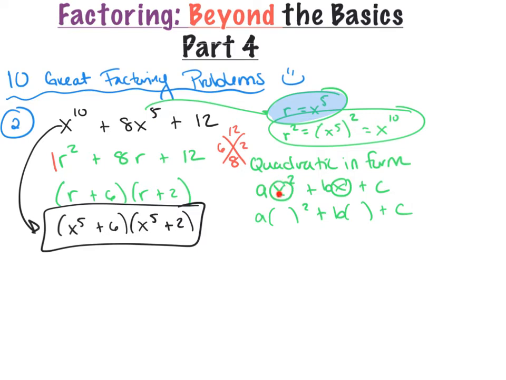That's what quadratic in form means. The first exponent is double the middle exponent, and then only constants at the end. And when we go to factor it, the middle exponent, the x to the 5th, is how our form factors. So let's try a bunch of these.